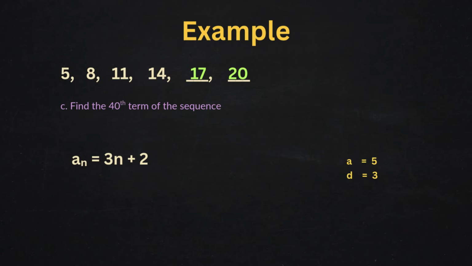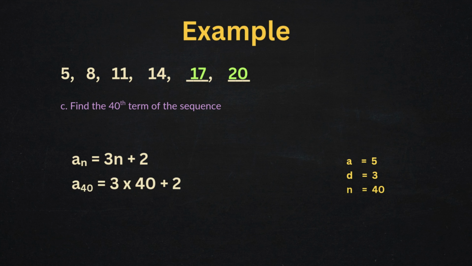In the next question, if we want the 40th term, we don't need to write 40 numbers manually in the sequence. This might be correct, but is very time-consuming. Just plug n equals 40 into the formula. Here, an also becomes a40 as n is replaced by 40 in the formula.